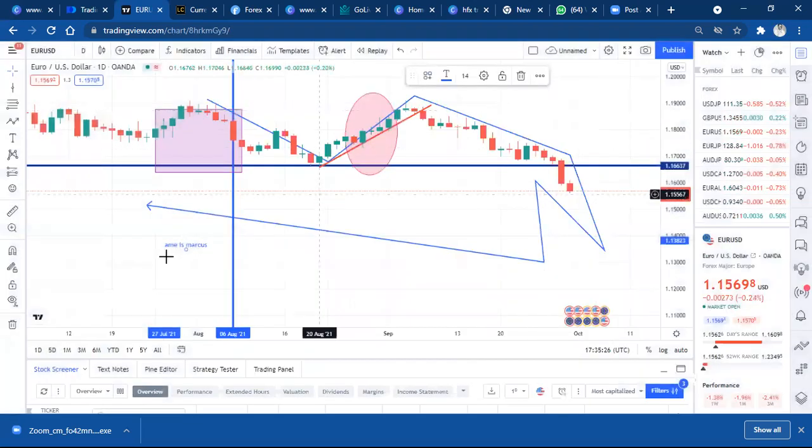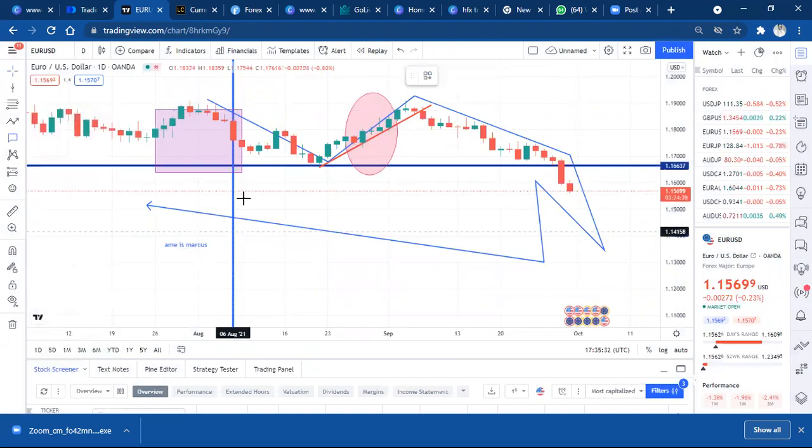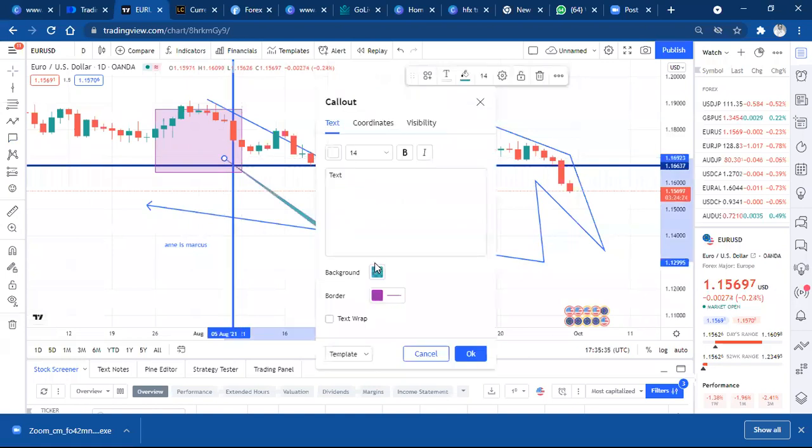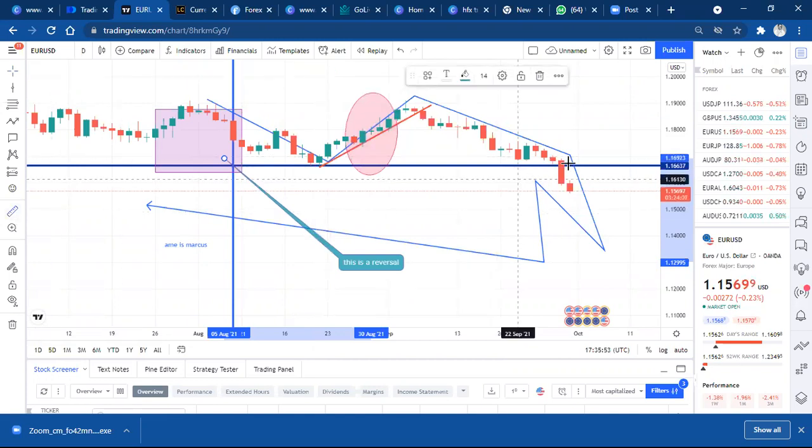Can you see what I just wrote? My name is Marcus. You can use a callout to describe, say I want to describe this, my rectangle. I can say this is a, right, good. What else? You can use a ruler to measure.